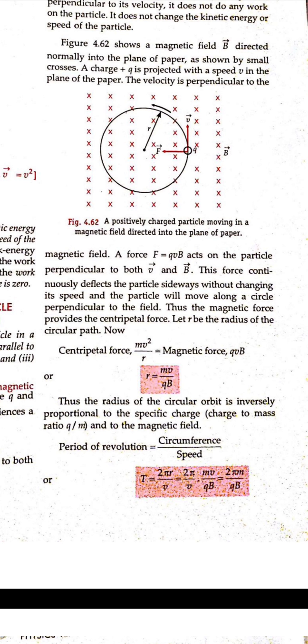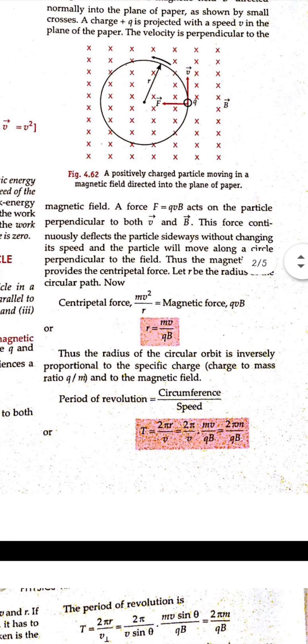If the particle moves in a circular path of radius r, the force acting towards the center is mv squared by r, which will be equal to the magnetic force, because it does not change the speed of the particle. So mv squared by r, the centripetal force, equals the magnetic force qvB sin theta, but theta is 90 degrees, so it will be qvB.